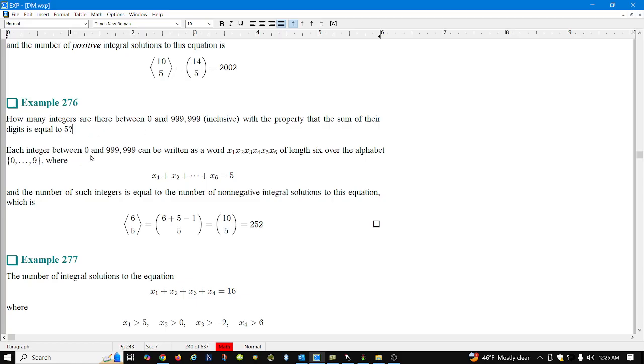Each integer in this range can be written as a word of length 6 over the alphabet of digits. Now, some of these digits will never appear because we're looking for solutions to this equation, so you can't have any 9s, 8s, 7s, or 6s, because these must all be non-negative.